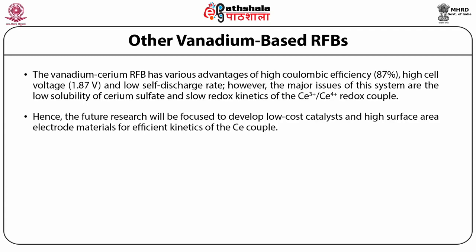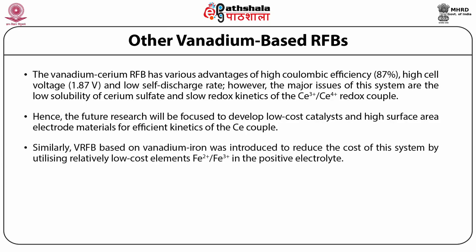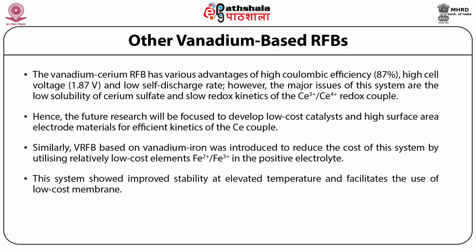of the cerium couple. Similarly, VRFB based on vanadium iron was introduced to reduce the cost of this system by utilizing relatively low-cost elements, Fe2+ or Fe3+, in the positive electrolyte. This system showed improved stability at an elevated temperature and facilitates the use of a low-cost membrane.